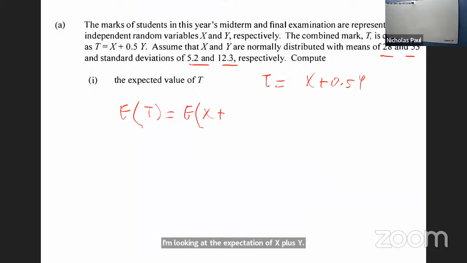So it's x plus 0.5y. What will that be? Go back to the first thing under random variables.